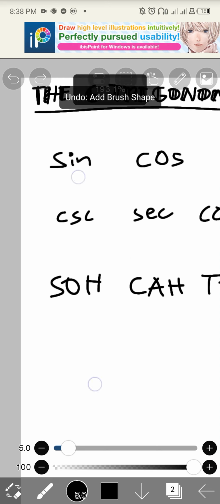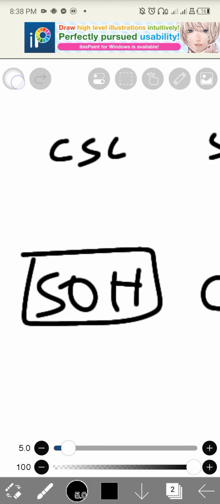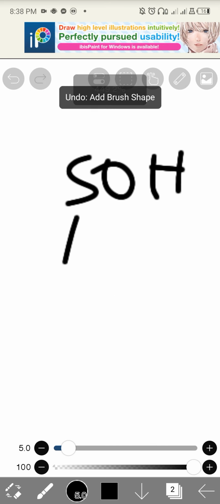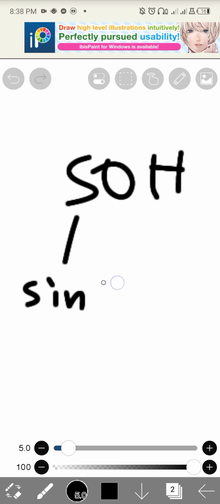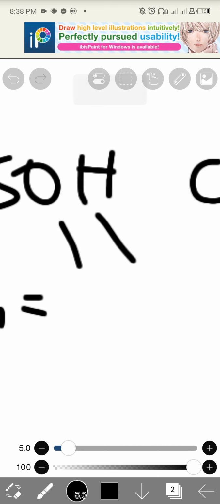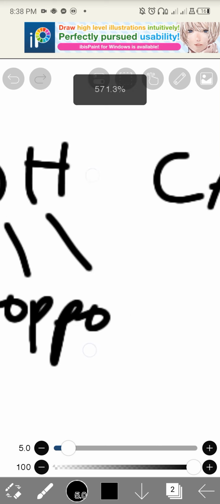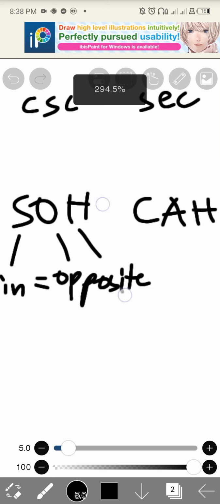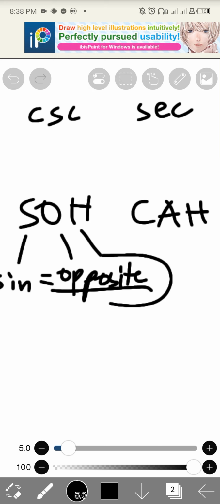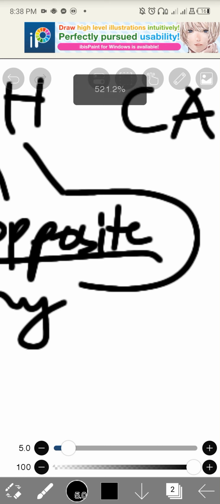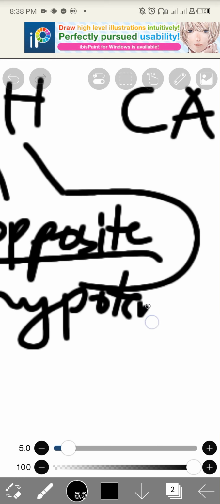So basically, sine equals opposite over hypotenuse.